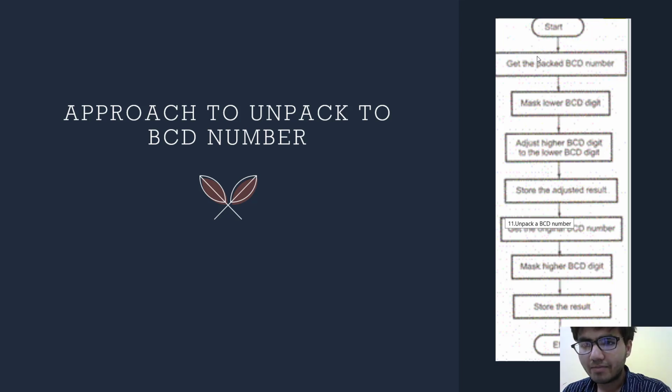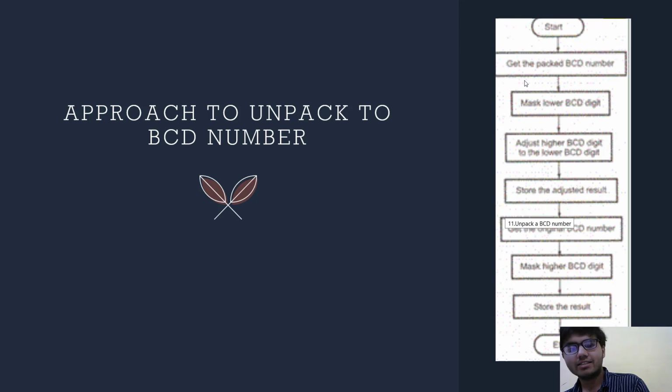We are starting our program. We are getting the BCD number. First, we are masking the lower BCD digit to get the higher BCD number and store it in another memory location.